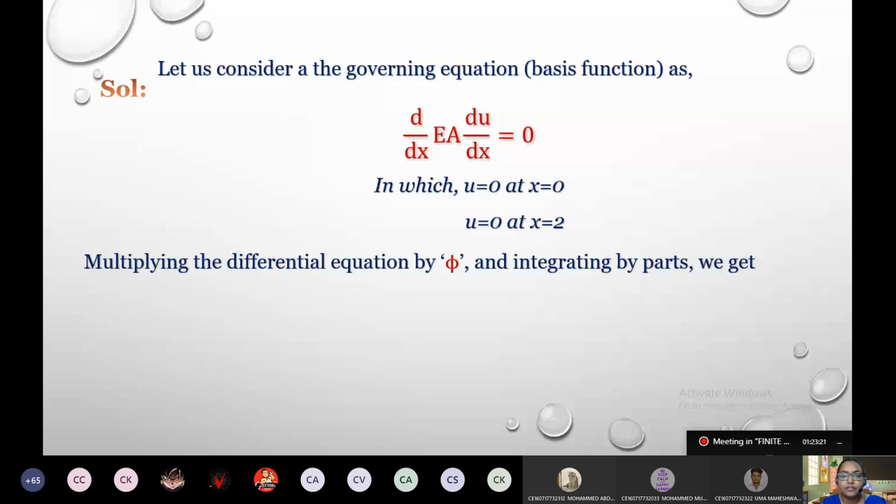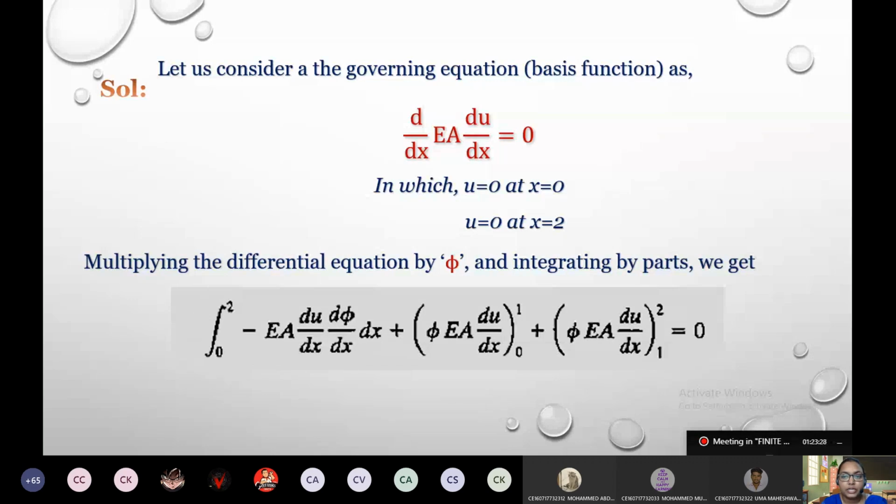Now we multiply the above governing equation with phi and then perform integration by parts, and this is the next equation you get when you do integration by parts.